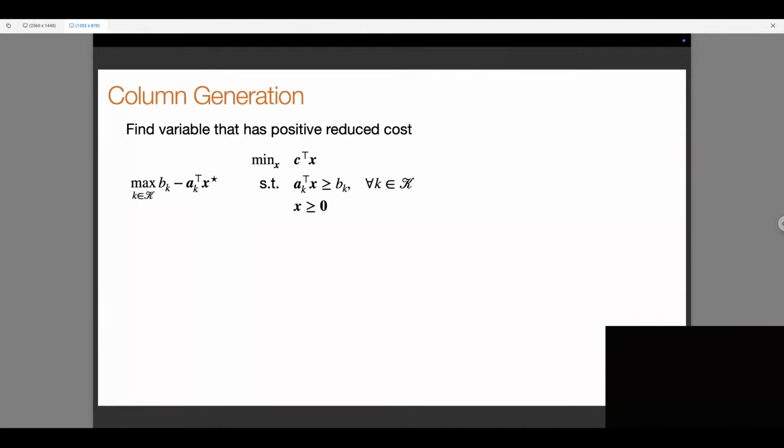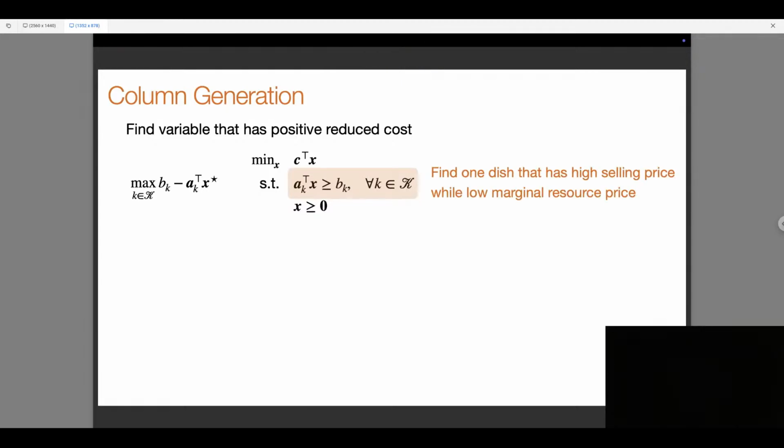And if we write out the primal problem explicitly, we can see that we're trying to find the k that violates the constraints as much as possible.